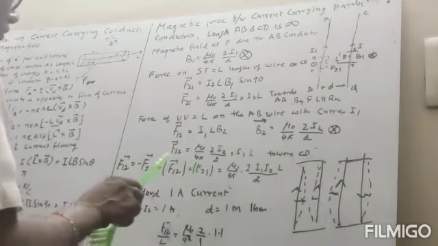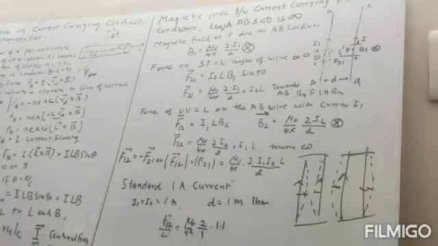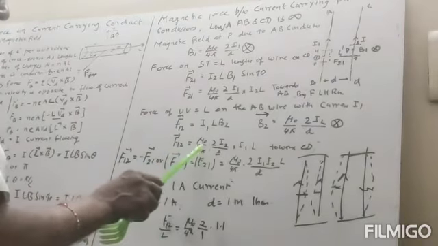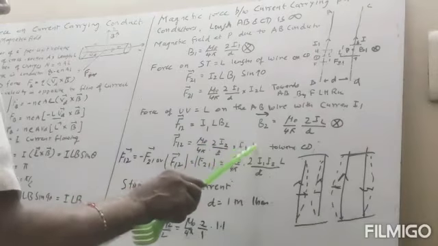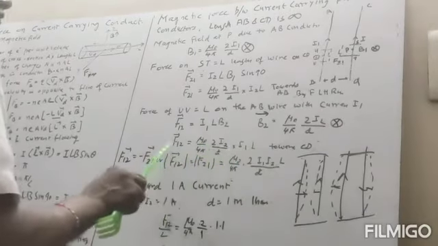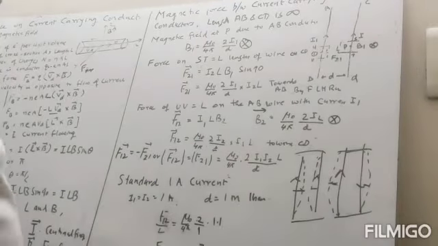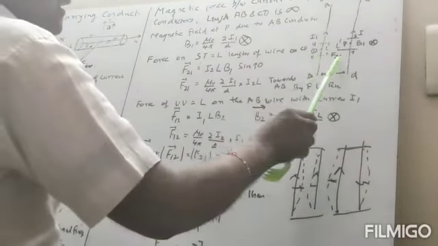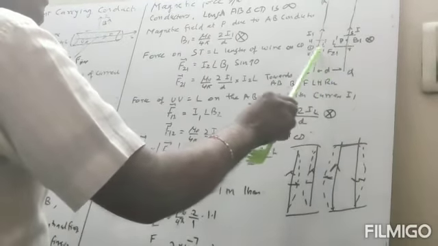So the magnitude of F12 and F21 are equal, and that is equal to mu 0 by 4 pi, 2 I1 I2 into L by D. So these two forces are equal, but their direction is opposite. F12 is in this direction towards CD and F21 is towards AB.